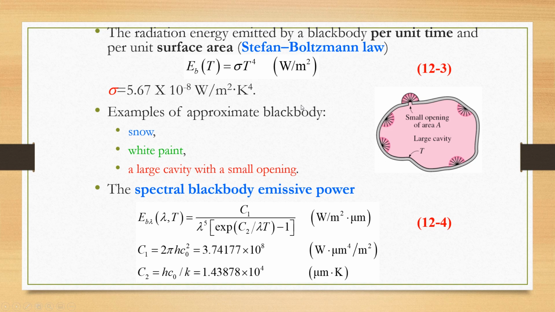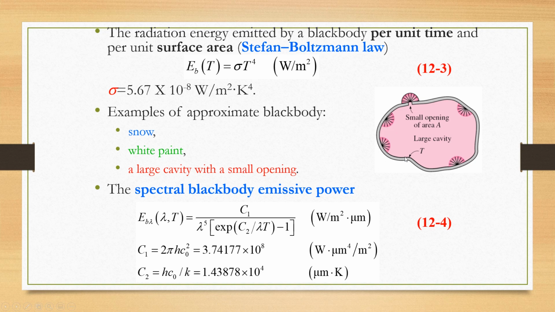The same applies to a large cavity with a small opening. This large cavity with a small opening is a black body, since we have a small opening area. When we put the incident rays inside, they strike here, and the surface will absorb and emit the energy. Then that emission will be absorbed by another point.